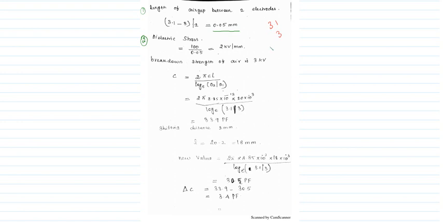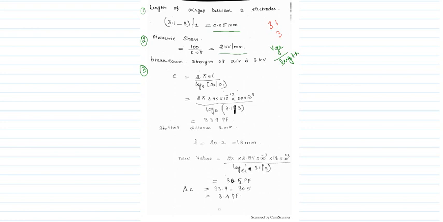The voltage divided by the length of the air gap gives the dielectric stress. So 100 by 0.05 gives 2 kilovolt. Then we consider the breakdown strength, which is also given as 3 kilovolt.